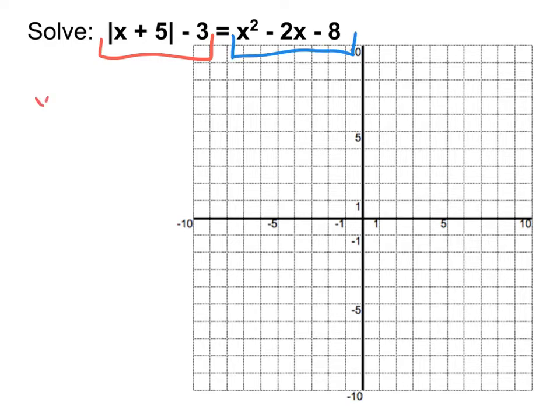equation, where I might have had y equals the absolute value of x plus 5 minus 3. And the other equation could have just been y equals x squared minus 2x minus 8. If I want to know where these two sides are equal to each other, I could actually graph them as two separate equations by putting this y equals into them.